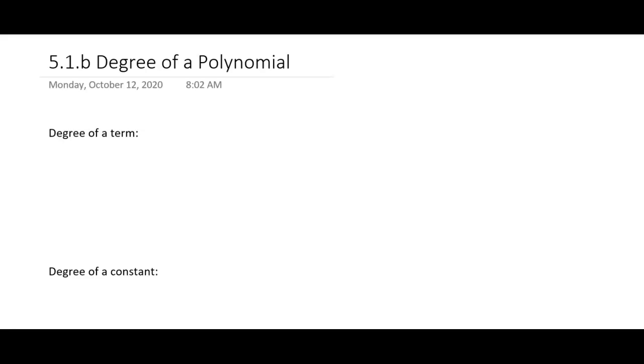So now we're going to talk a little bit more about the degree of a polynomial. We talked a little bit about it in the last video, but the degree of a term, or they could say monomial here, like if you have 5x cubed, degree is 3.